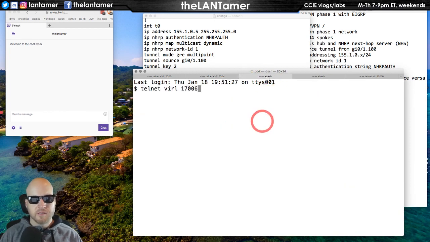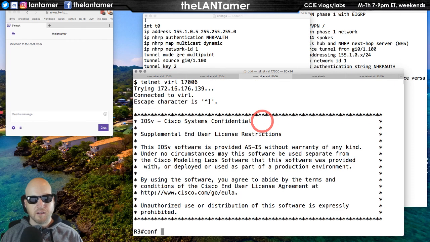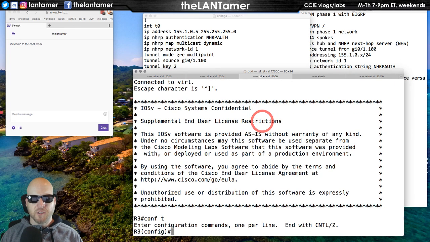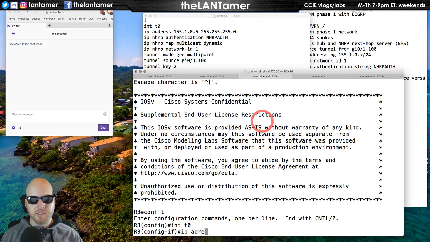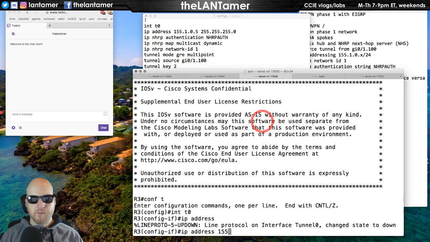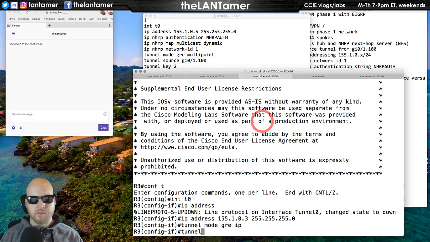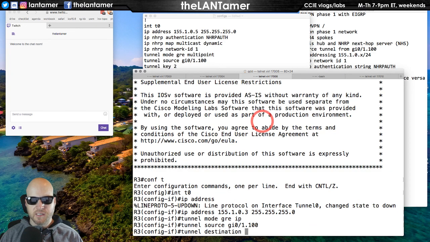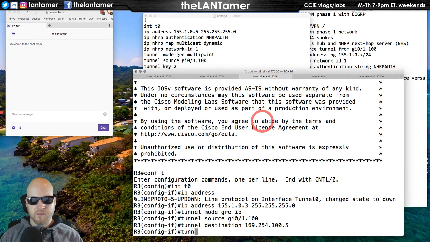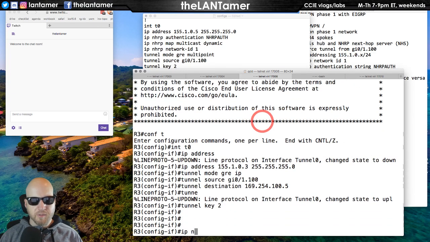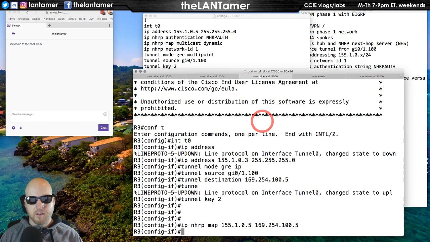Time will tell. All right, so let's do router 3. First the interface T0, IP address 15103. Then we do tunnel mode GRE IP, tunnel source, tunnel destination, tunnel key is 2. Now we do IP NHRP map. That's a unicast. Then we map the multicast.